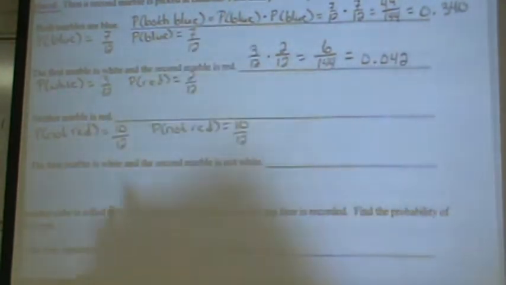We've put that marble back, so we still have 10 out of 12. So our probability that neither is red is going to be our 10 out of 12 times 10/12. Which is going to equal 100/144. And that's going to give us a decimal of approximately 0.1875.